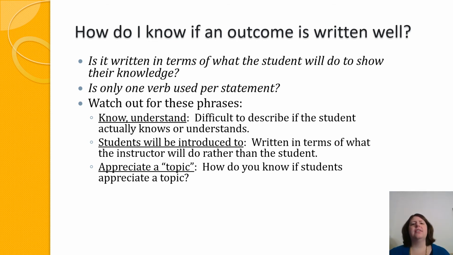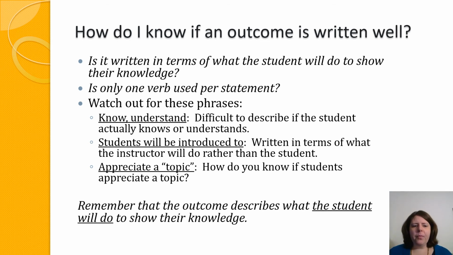What are the actions that that student will take to show that they're appreciating this particular topic? So those are some common pitfalls that make outcome statements unmeasurable. It's very difficult to then measure an outcome if it's vague or if we're doing these particular things. Remember that an outcome describes what the student will do to show their knowledge.